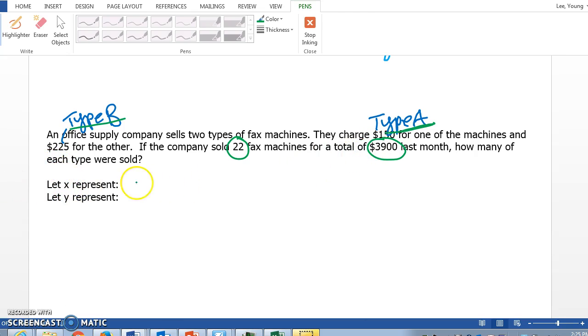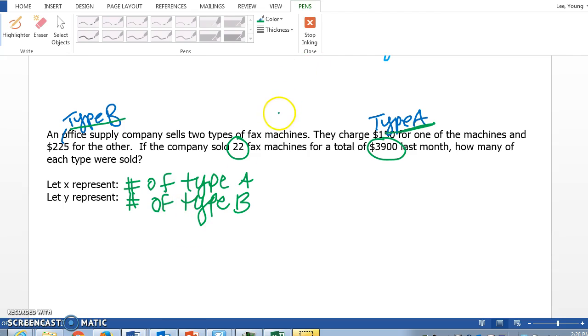So X should be the number of type A. Y should be the number of type B. What should be my first equation? Type A, type B, they add up to how many machines? 22.